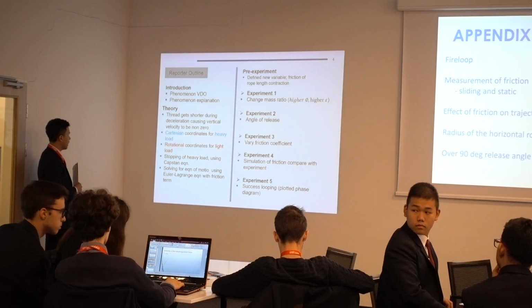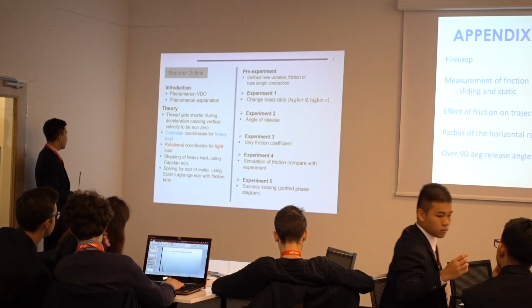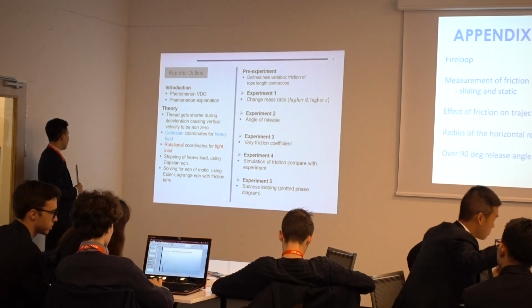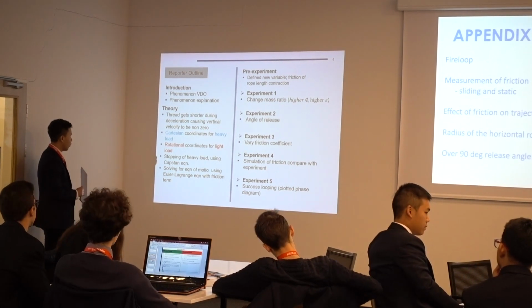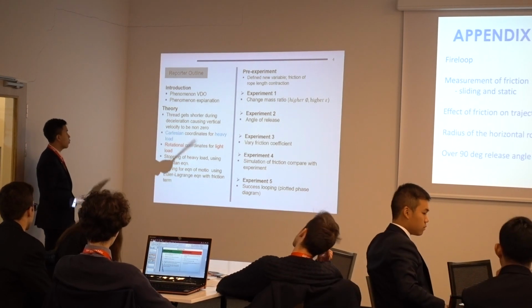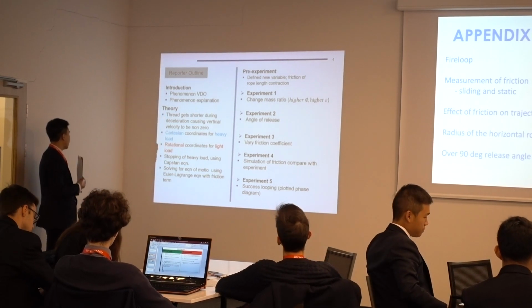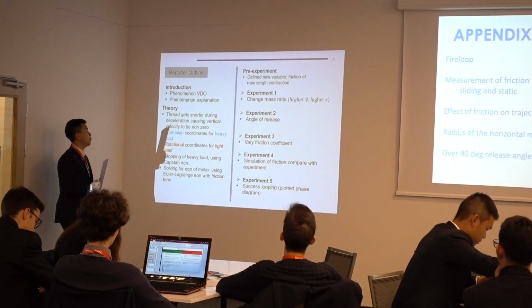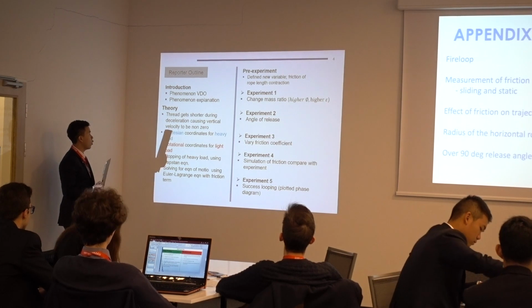Cartesian coordinate forces are considered for the heavy load, and rotational coordinates are for the light load. The stopping of the heavy load was caused by the friction from the capstan equation and the energy loss from the light load, and they solve the equation of motion using the Euler-Lagrange equation with the friction term.